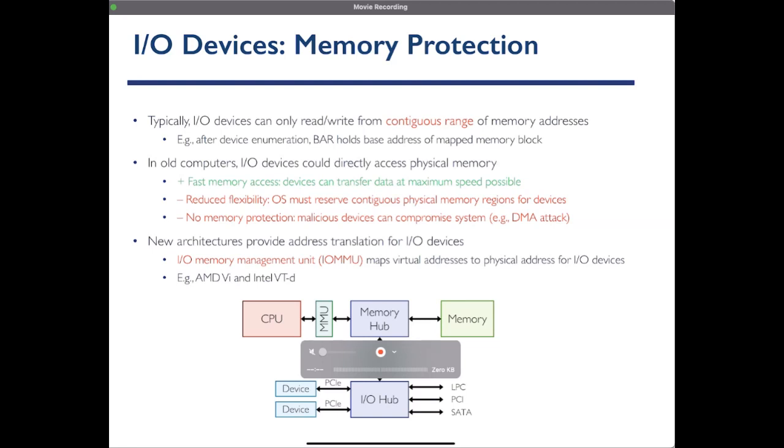Now, the downside of using physical addresses is that it reduces memory protection, because what if the device is a malicious device? Giving the device access to physical memory means compromising isolation. So the device can potentially compromise the operating system, read sensitive data, and so on and so forth. And it has happened a lot. It's called a DMA attack.